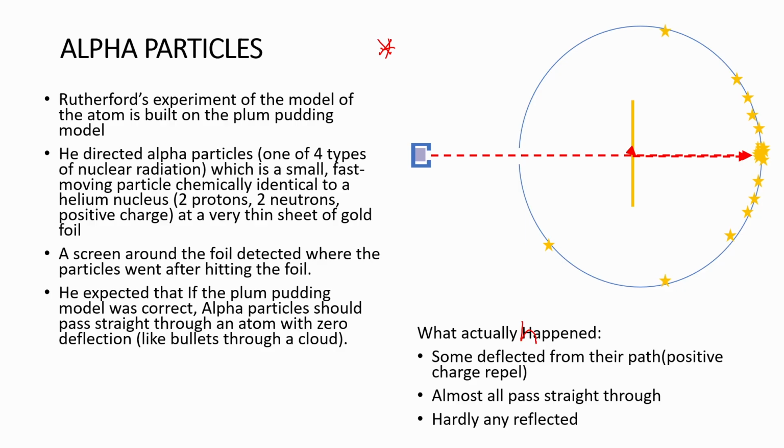And it's this idea that the only way we can explain the small number of high deflections but the large number of small deflections is that there must be a nucleus where most of the mass is, which must be positively charged because it's repelling the alpha particles, and it must take up a very small percentage of the whole atom. So the nucleus is small where most of the mass is, and it's positively charged. So just make sure we make that clear, because that's what students need to take away from the experiment.